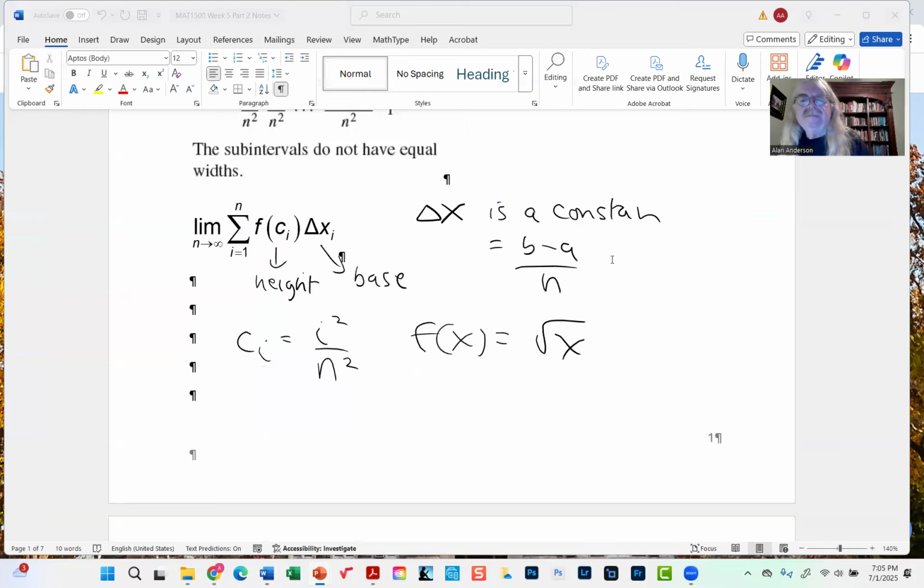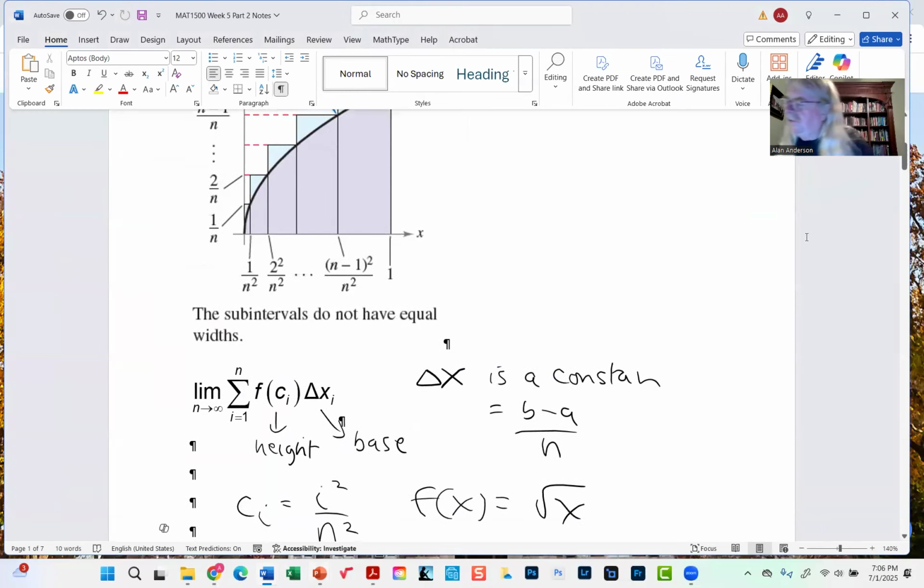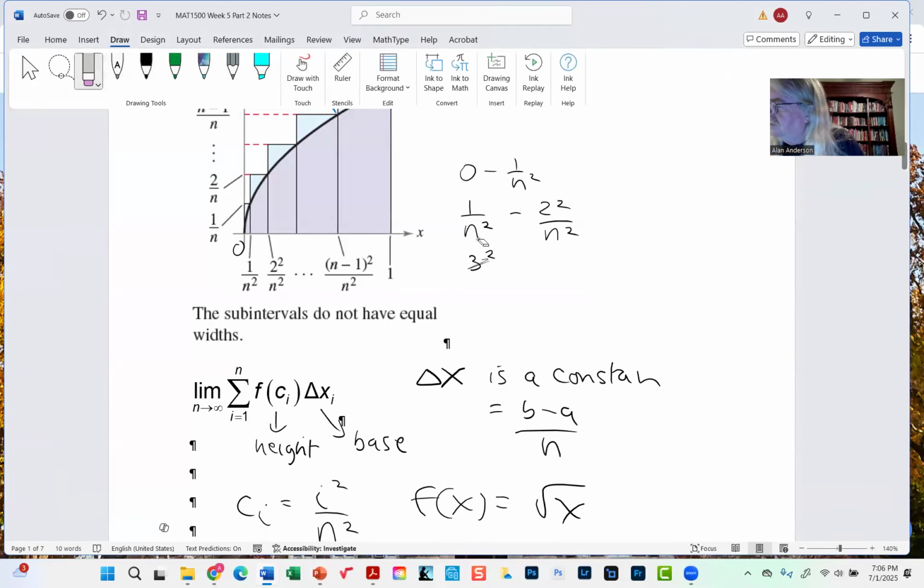So remember, for the first one we have this interval, and then the next one is 1 over n squared to 2 squared over n squared. And then the third interval would be 2 squared over n squared up to 3 squared over n squared.